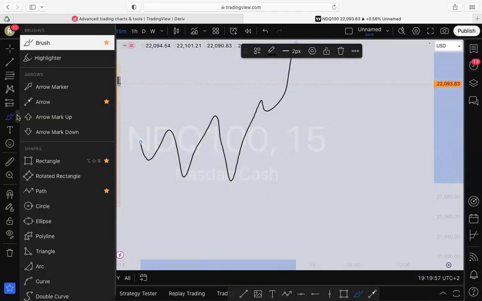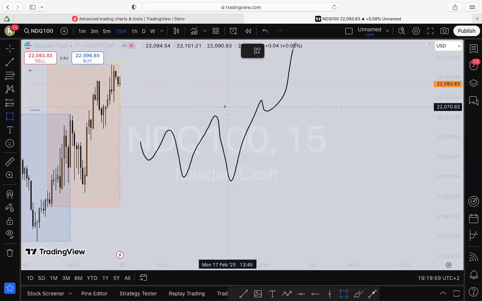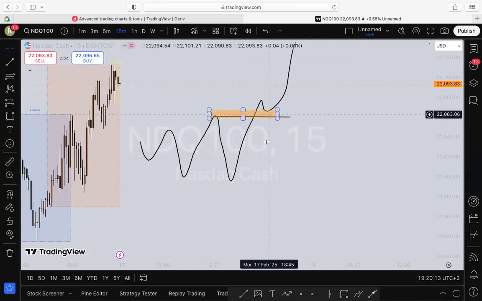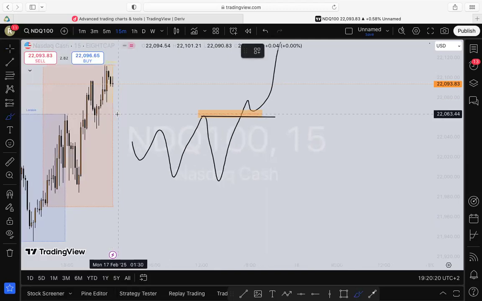And the fair value gap doesn't mean the fair value gap will always be here. What you do here is mark out the high of London. You wait for the market to touch inside the 15 minutes FVG. This does not mean the 15 minutes fair value gap will always be here. Let me draw this again so that you can understand what I'm saying.